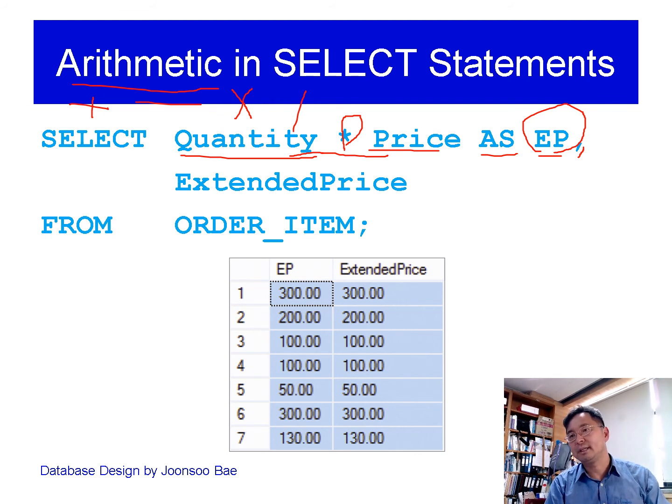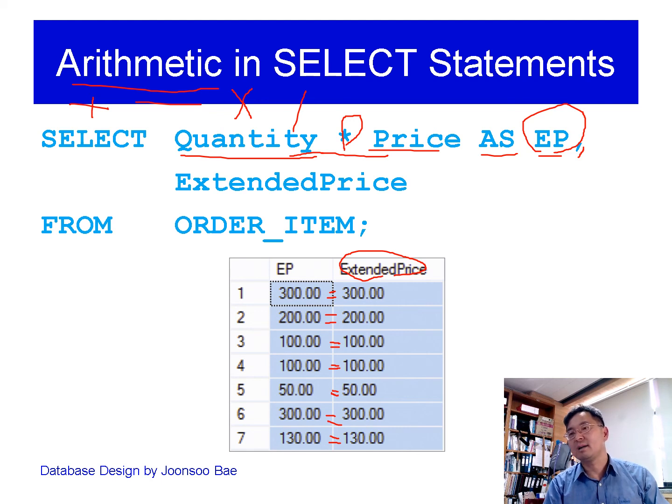The result is here. So you can see that the original meaning of extended price is quantity times price. So the data are exactly the same. That means that the data stored in the database are correct.